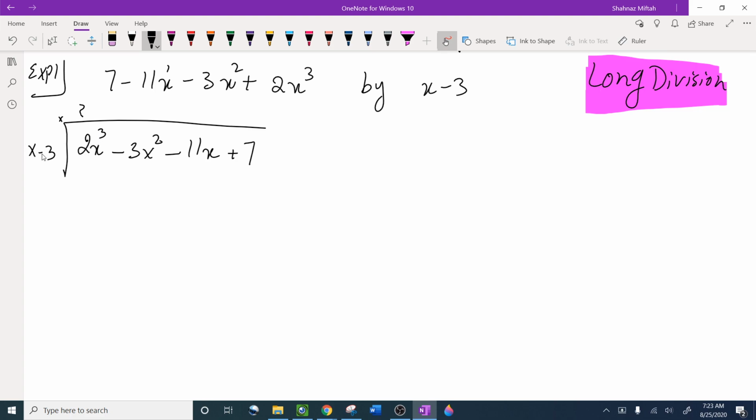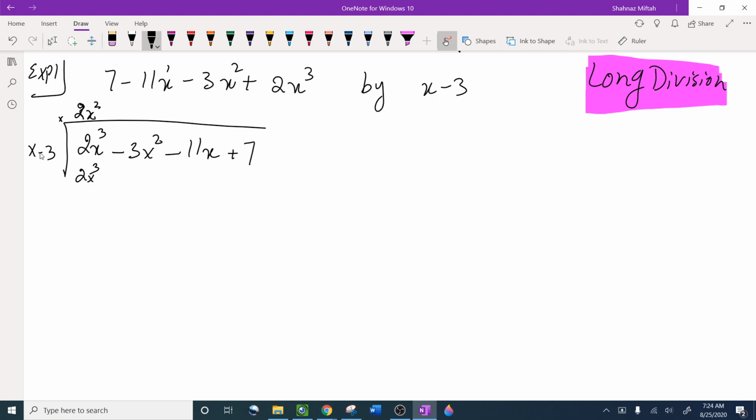So I need a 2 here, so I'm going to write 2. And I also need, one x is right there, but I need 2 more x's because I have 3 here. So 2 more x's means I need x squared here. When I multiply 2x squared with this x, I'm getting 2x cubed. So 2x squared times x is going to give me 2x cubed.